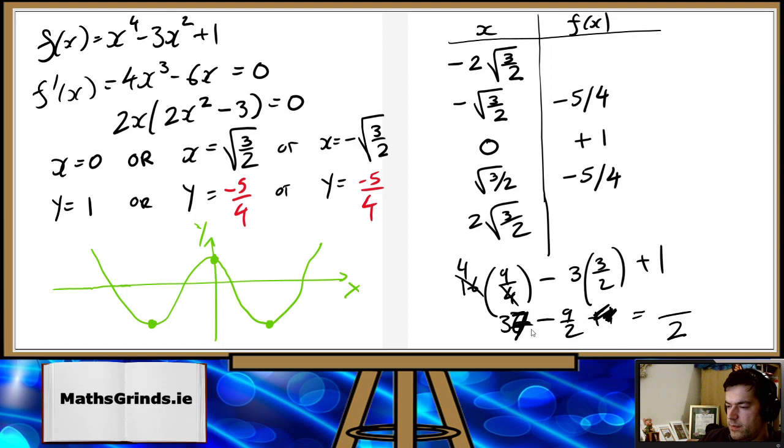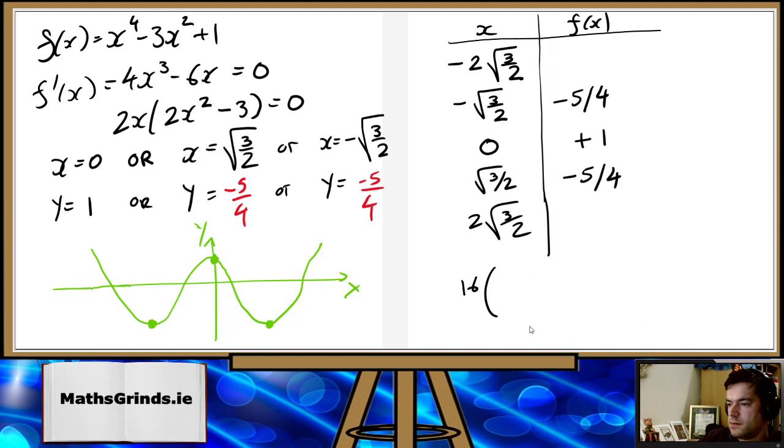That's 65 over 2, I think. Anyways, it's positive for sure. 65 over 4 positive, and then positive 65 over 4.